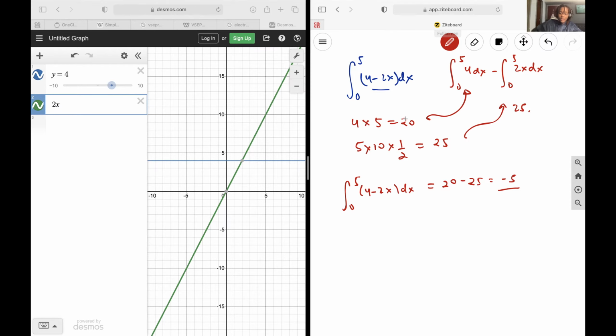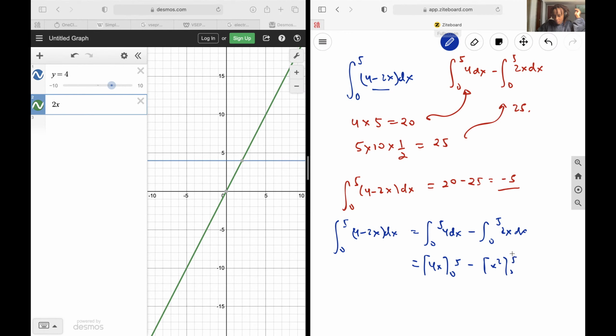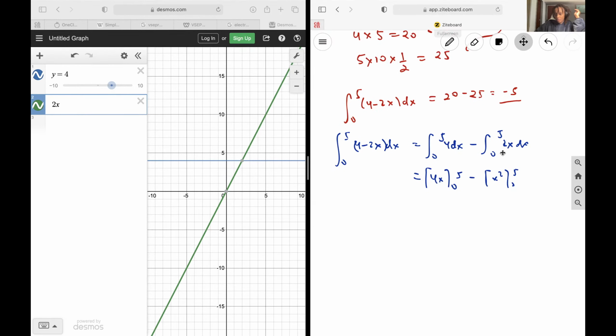I can prove that this is correct by taking the integral as I typically would, if I don't interpret it using the area. So this integral is going to give me x squared.